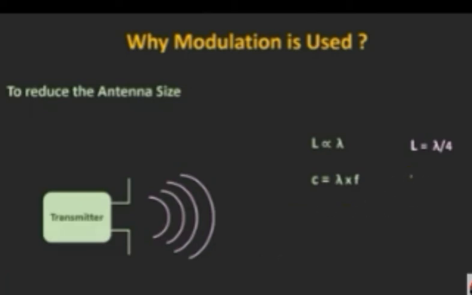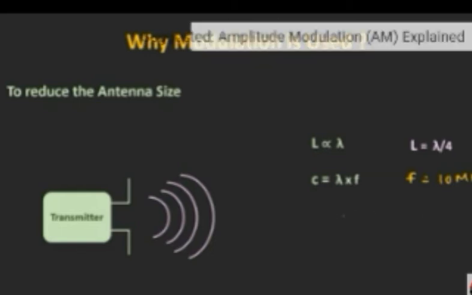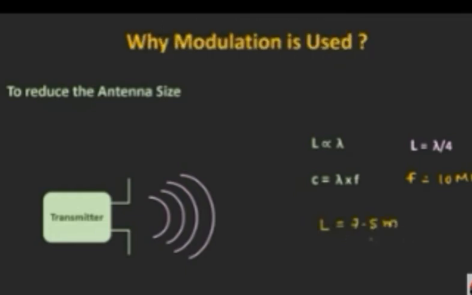On the other hand, if the signal is transmitted at, let's say, 10 megahertz, then the length of the antenna will reduce by a factor of 1000. That means in that case the length of the antenna will be equal to 0.75 meter, and in fact the size of the antenna is manageable, so that is one reason for modulation.